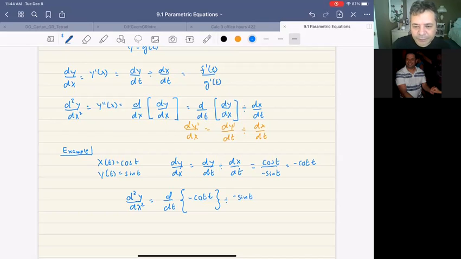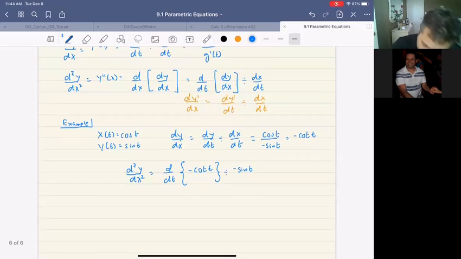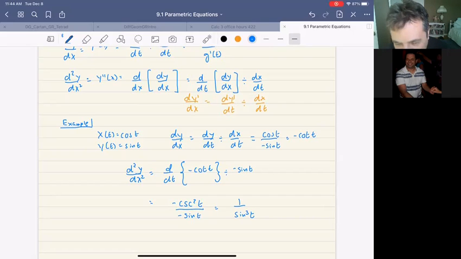The derivative of cotangent itself is what? Cosecant squared, right? Yes, cosecant squared. So that's going to be negative cosecant squared of t divided by negative sine of t. That's going to be 1 over sine cubed of t.